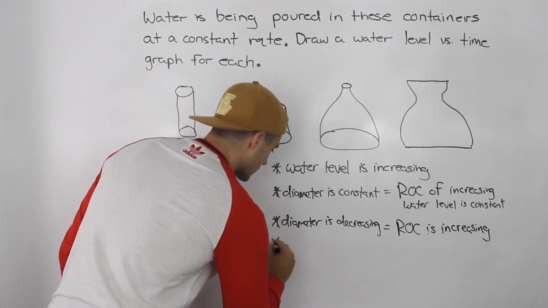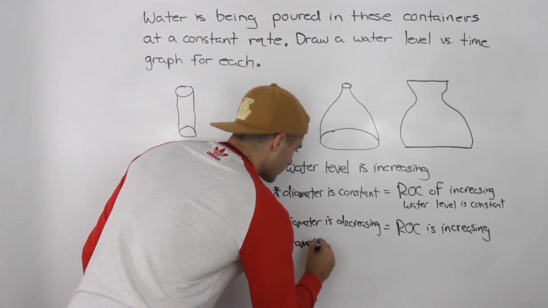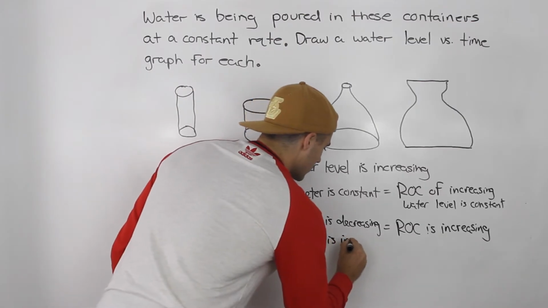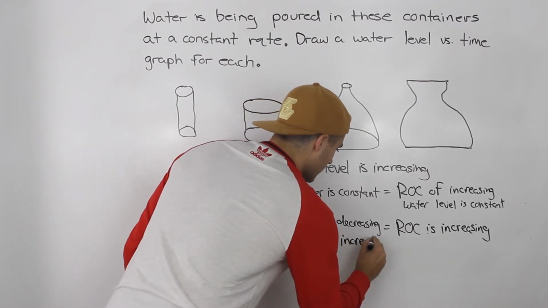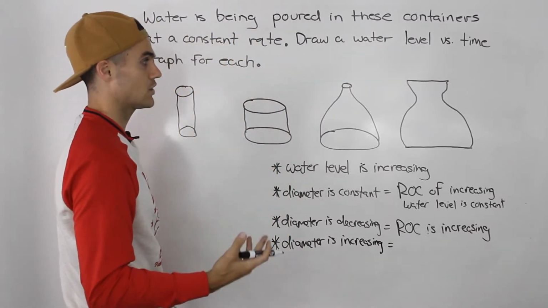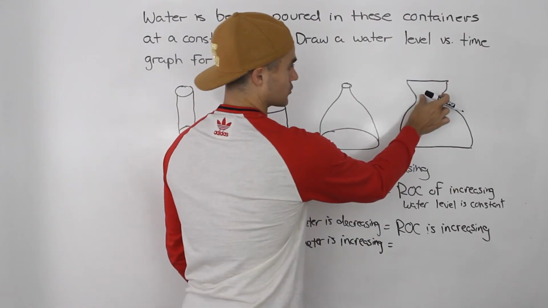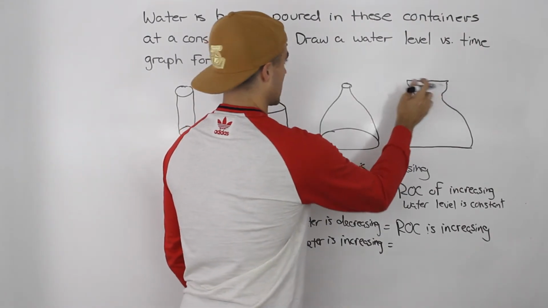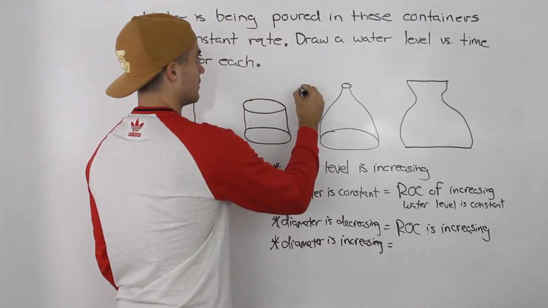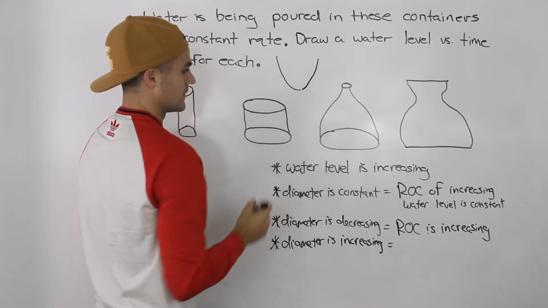And then the last scenario is what happens when the diameter is increasing. A good example of that is maybe the top portion of this container. Or let's say we had a container that looked like this, right?